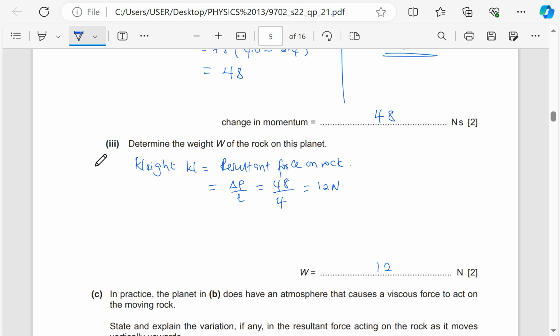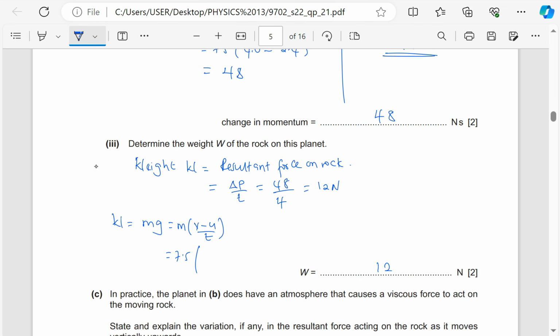Alternatively, you can use W is equal to the mass times acceleration due to gravity. To find the acceleration, you can find the gradient of the line, or you can get final velocity minus initial velocity over time. So this would be 7.5 times the velocity change.